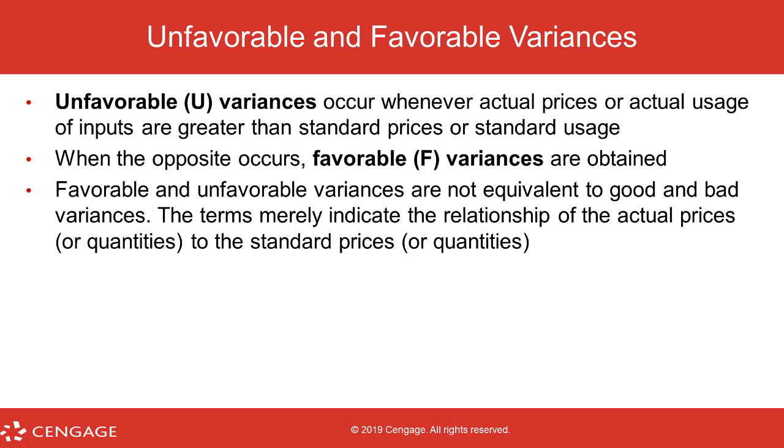So when we were talking about budgeting last week, we talked about unfavorable and favorable variances. The same is going to apply when we're looking at standard product costing. If a variance comes in under budget, that's favorable. If we're over budget or the expectation or the standard, that's unfavorable.